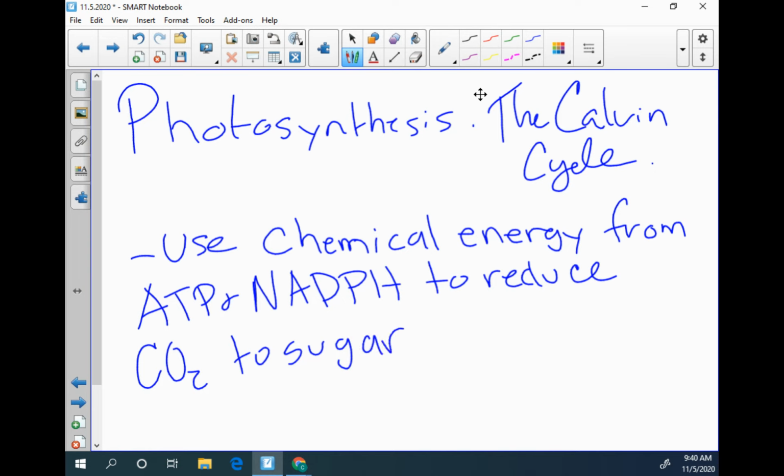And that's our last step. That's how we get from our solar energy to our sugars.